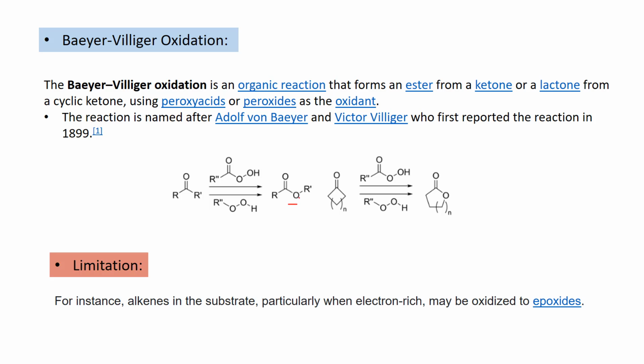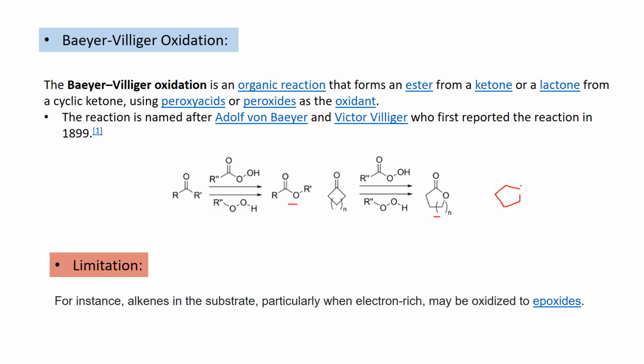O incorporation into this carbon-carbon bond, forming an ester. Whereas if you take a cyclic ketone, there is also O incorporation, forming this lactone. Cyclic esters are called lactones, and cyclic amides are called lactams.